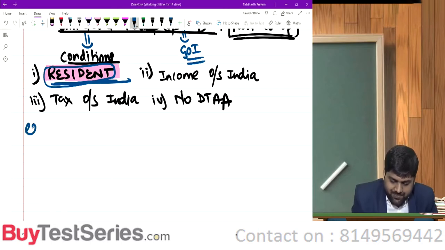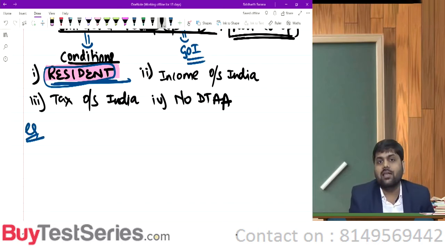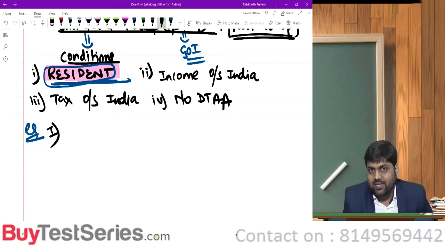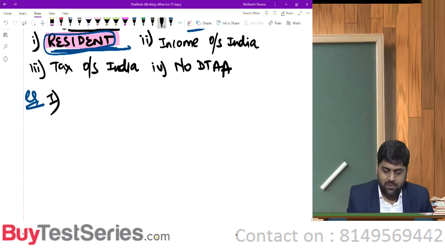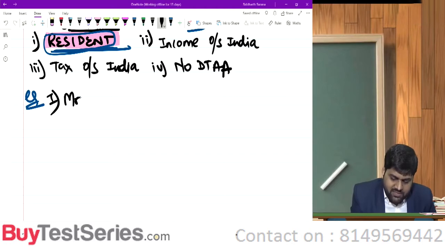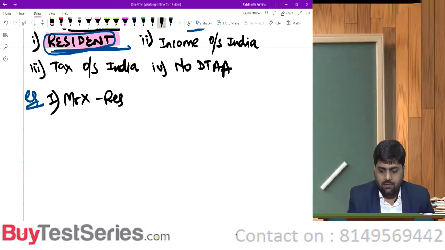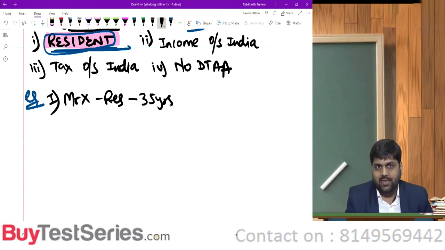Let us understand the concept of unilateral relief with two examples. First, I will do an easy example. Then I will go to a difficult, a more complicated example. First example. Mr. X, who is a resident, age 35 years. Why is age relevant? Obviously, tax slabs depend upon age of the assessee.